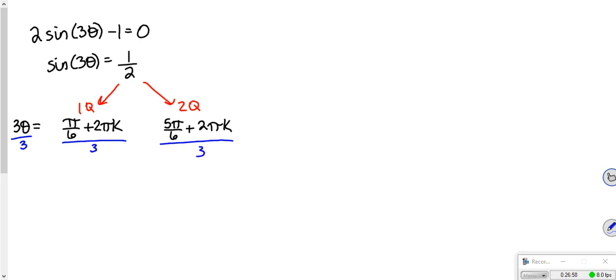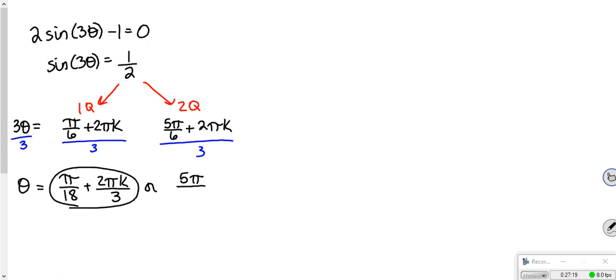Okay. So then my theta equals pi over 18 plus 2 pi k over 3. That doesn't reduce, so you just have to leave it that way. That's one of my answers. Or 5 pi over 18 plus 2 pi k over 3.